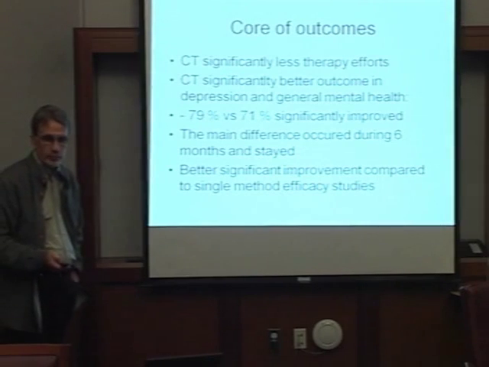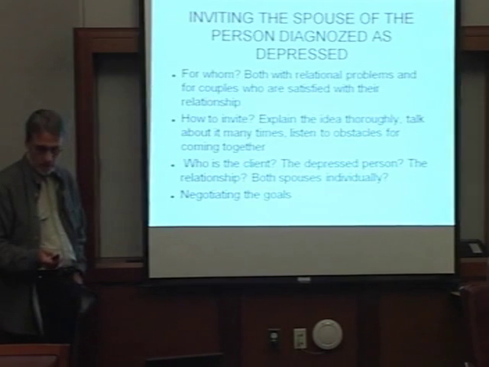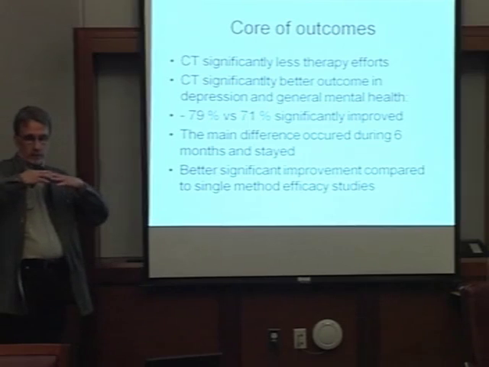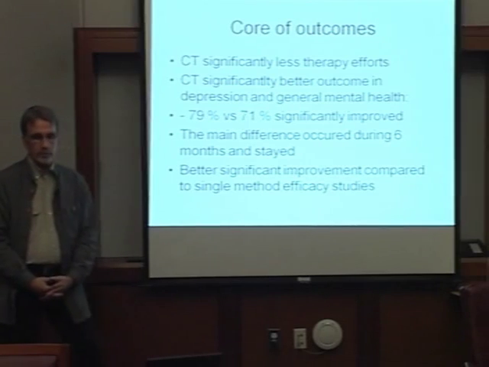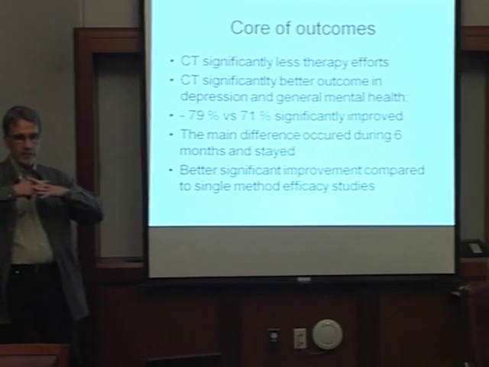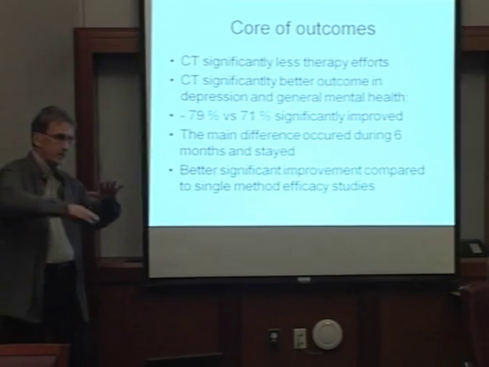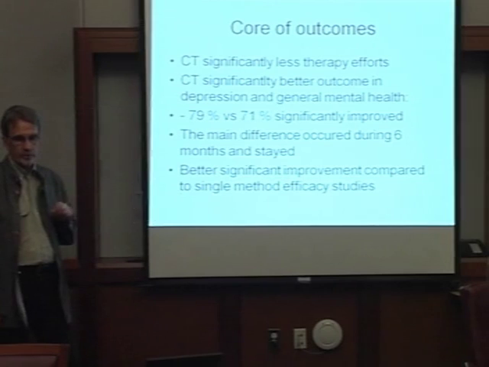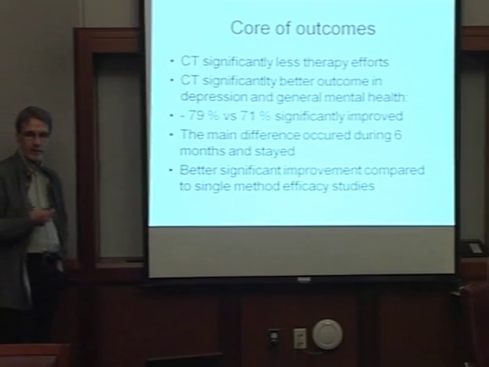Some notions of the outcome: in the couple therapy group there were significantly fewer therapy efforts and significantly better outcomes in depression and general mental health. General mental health here means the Symptom Checklist 90 reports that they were given. And 79 and 71% had significantly improved.